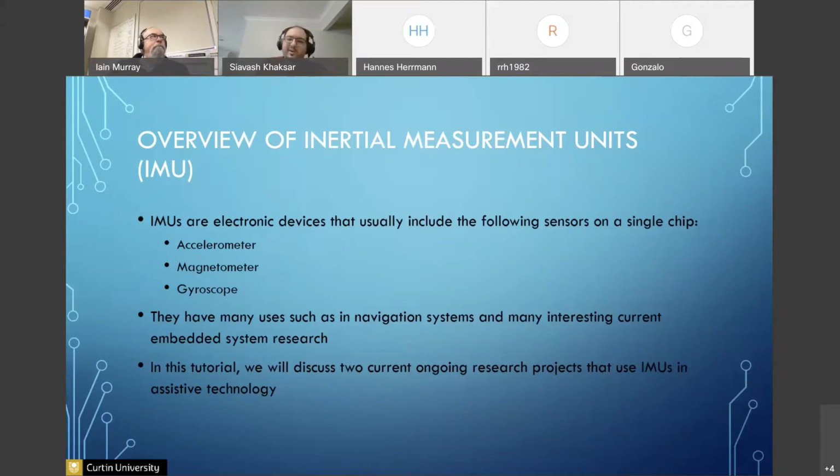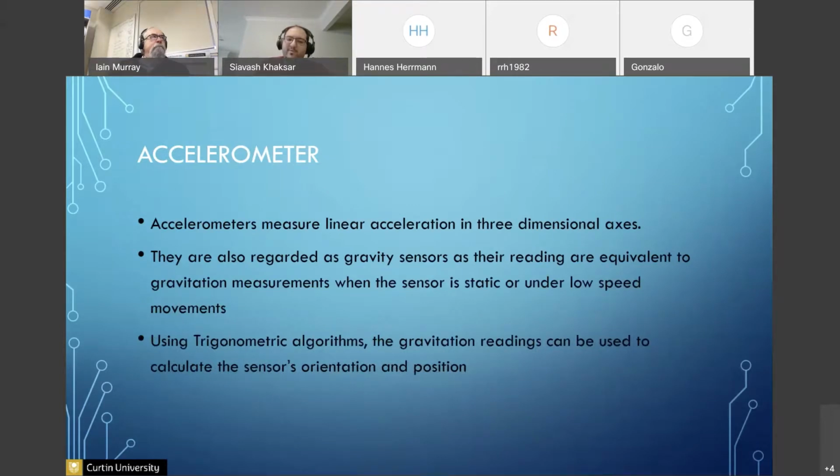The unique characteristic of an IMU is they have these three separate sets of sensors, or they might have the accelerometer and gyroscope on the same chip, and the magnetometer separately, still on the same PCB of your module, but offered in that package. The accelerometer measures linear acceleration in 3 dimensions.